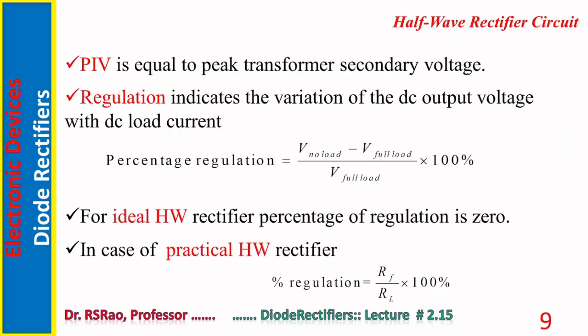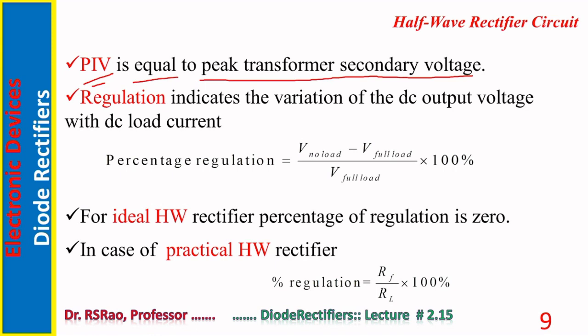Some more points regarding half-wave rectifier circuits. PIV, peak inverse voltage, is equal to the peak transformer secondary value. What is peak inverse voltage? Here it means the maximum or highest voltage that appears across the diode under reverse biased conditions.